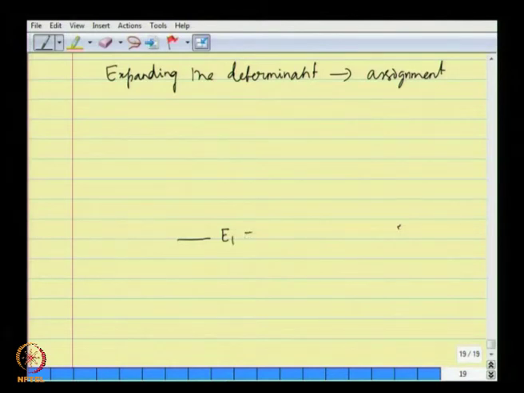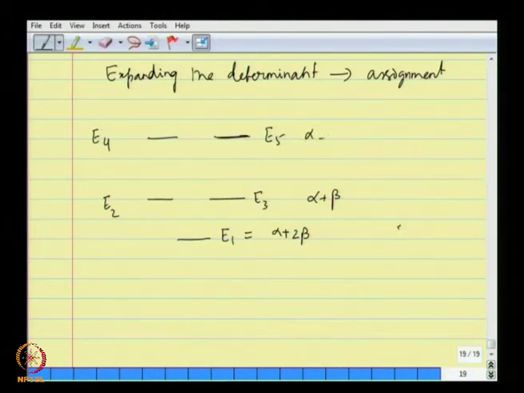E1 is alpha plus 2 beta, the lowest energy. E2 and E3 are alpha plus beta. E4 and E5 are alpha minus beta, and E6 is alpha minus 2 beta, and there are 6 pi electrons.